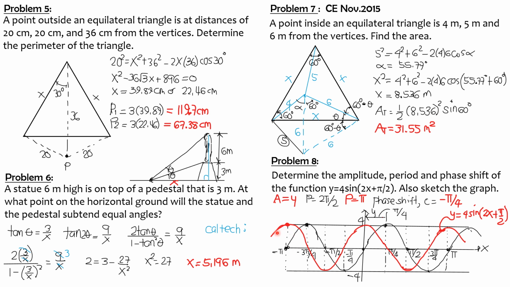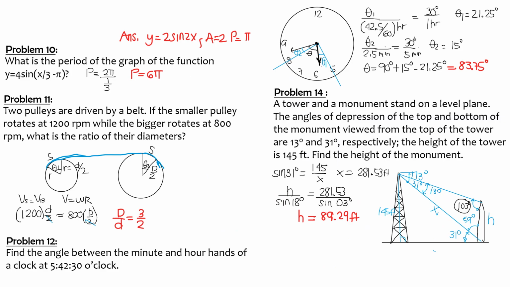You will get that at negative pi it's 4, at negative 3 pi over 4 it's 0, at negative pi over 2 it's negative 4, at negative pi over 4 it's 0, at pi over 2 negative 4, and so on and so forth.